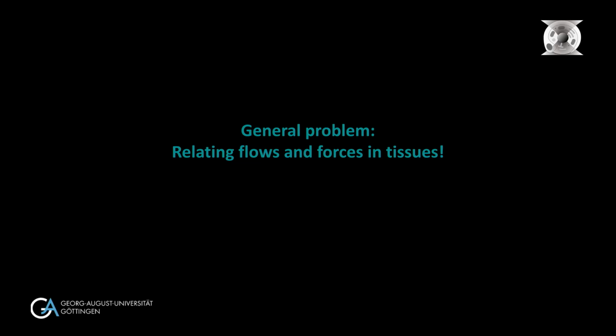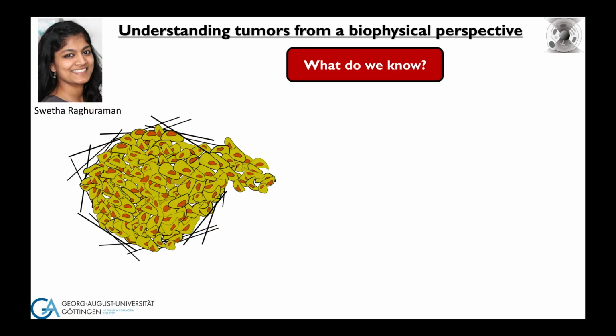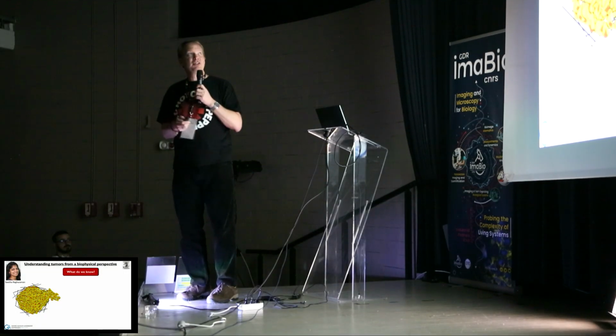Okay. It's a general problem, as I said, that we would like to relate flows and forces in tissues. And this is also a very important problem in cancer. I will rush through this a little bit, but it's a pretty nice project by Shweta, where we ask the question: can we, by looking at the flows, learn something about the forces driving cells into a surrounding tissue?